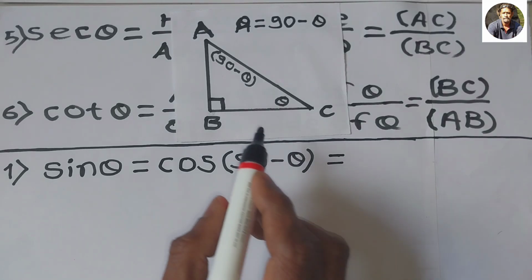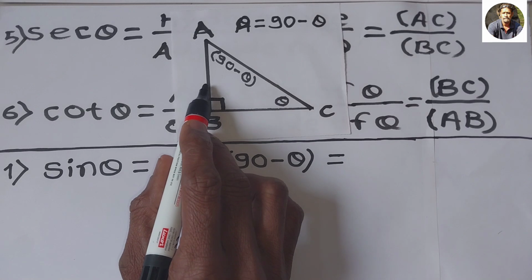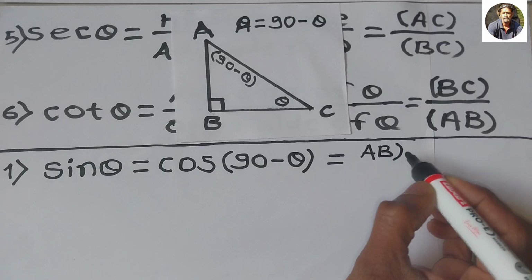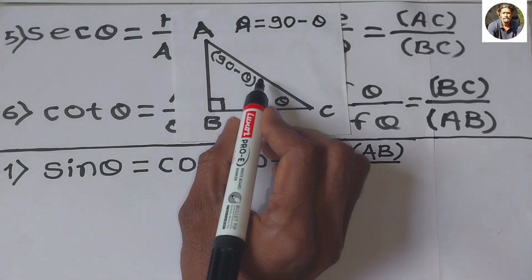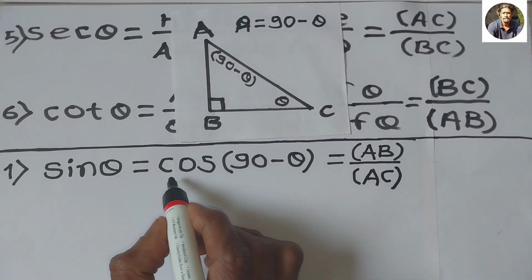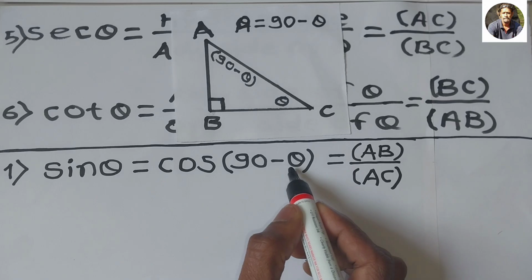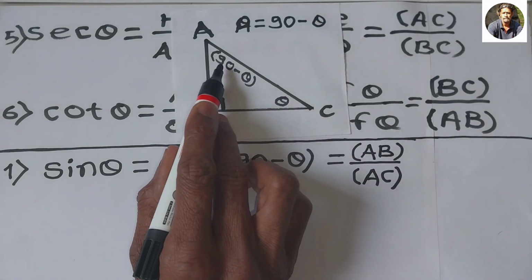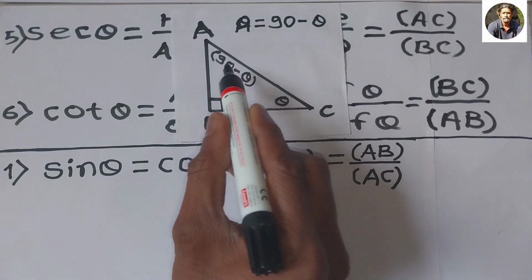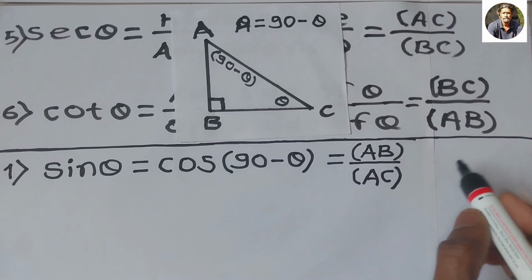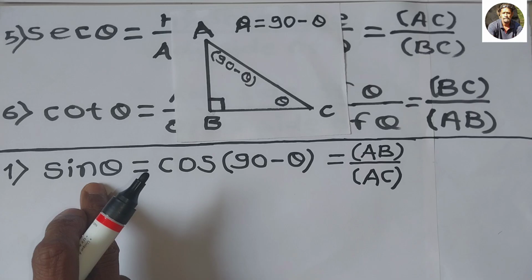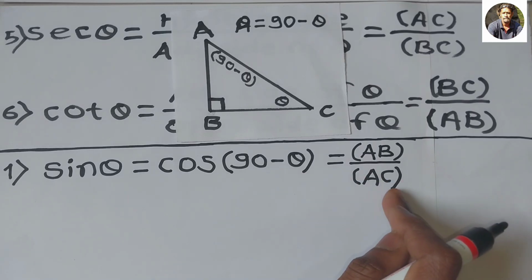Look here carefully, sin theta means opposite side of theta, that is AB, upon hypotenuse, that is AC. When we find value of cos 90 minus theta from this figure, it means adjacent side of 90 minus theta, that is AB, upon hypotenuse AC, means value of sin theta and value of cos 90 minus theta both are same.